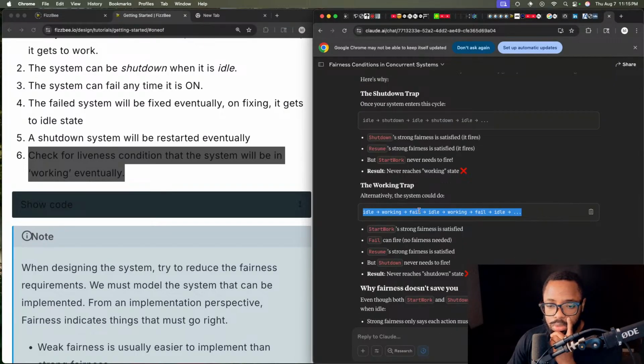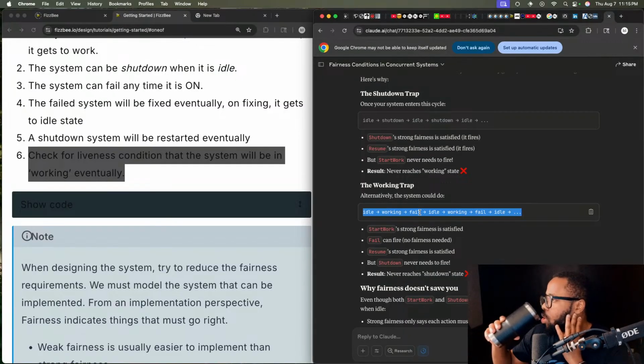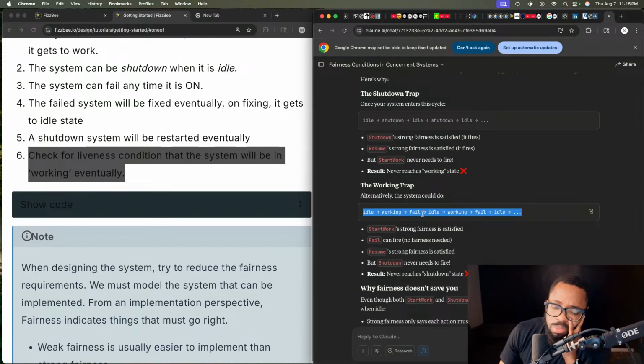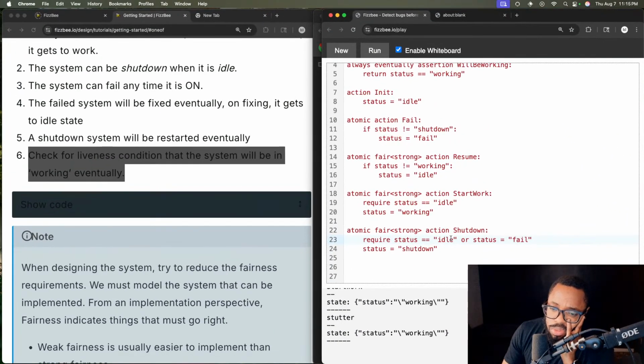It will force it to also pick... oh, but it just needs one of these to be true though.